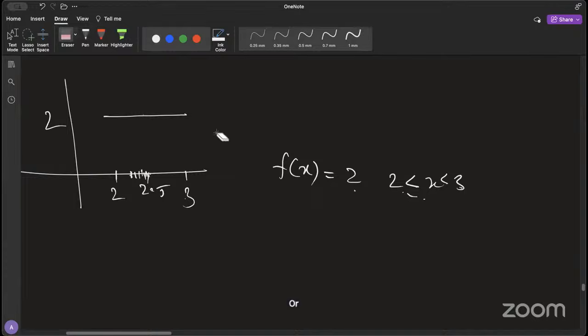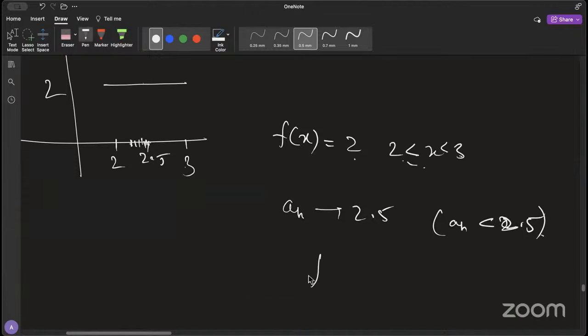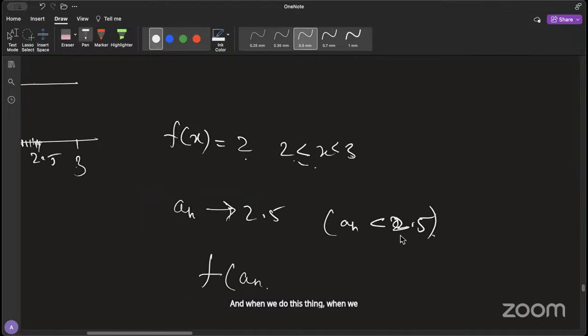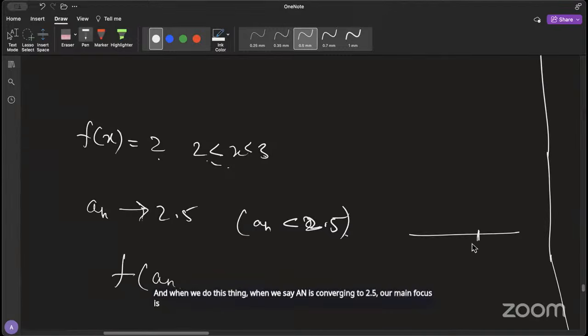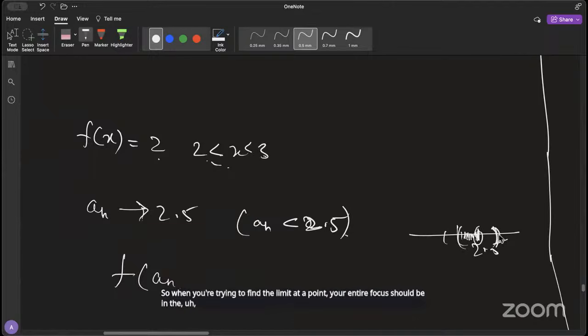With the way that we have done it, if you have a_n converging to 2.5 and a_n less than 2.5, then what is f(a_n)? When we say a_n is converging to 2.5, our main focus is on the points that are close to 2.5, because it's a sequence, so we'll have points very close to 2.5. That is where our focus should lie. When you're trying to find the limit at a point, your entire focus should be in the very close neighborhood of 2.5.